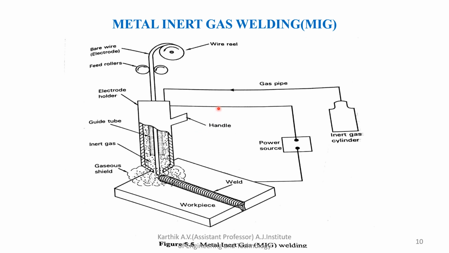This is called the power source, and we can also use a step down transformer to reduce and control the voltage. The controlled voltage current passes to the electrode gun, so the filler material melts and is deposited in between the workpieces. Allow it to solidify and you will get the required metal.